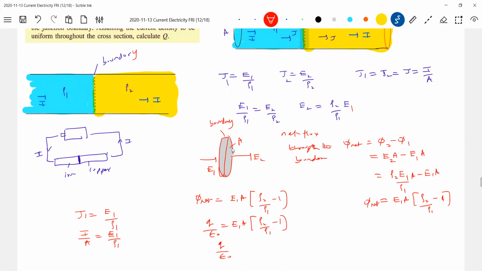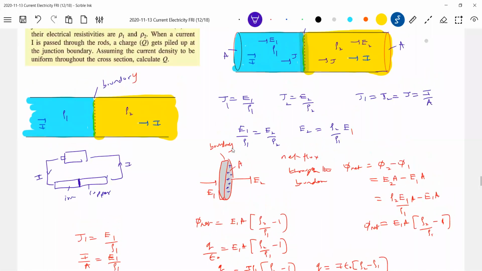So Q by epsilon naught equals E1A times the factor, I rho 1 times rho 2 by rho 1 minus 1. So the charge enclosed is I epsilon naught times that factor. Now, where should this charge be deposited? It should be here, at the boundary.